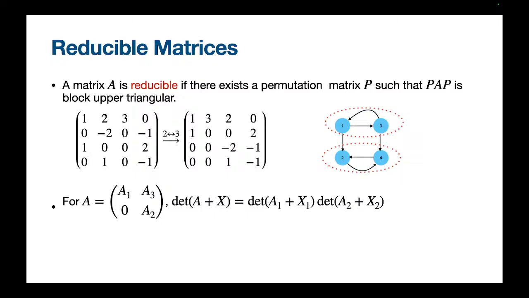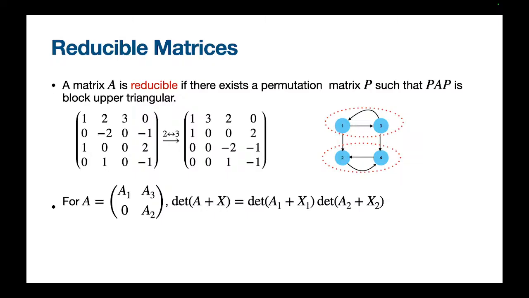This is because a principal minor of any submatrix which is contained in A1 will be covered by this first part, and a principal minor of any submatrix which is contained in A2 will be contained in this part. Any principal submatrix which contains both, which comes from both A1 and A2, is just a product of some principal minor of A1 and A2, and that's why this captures it.